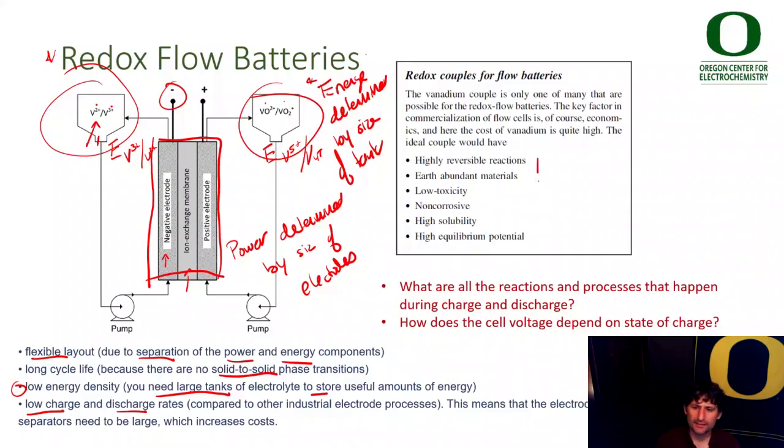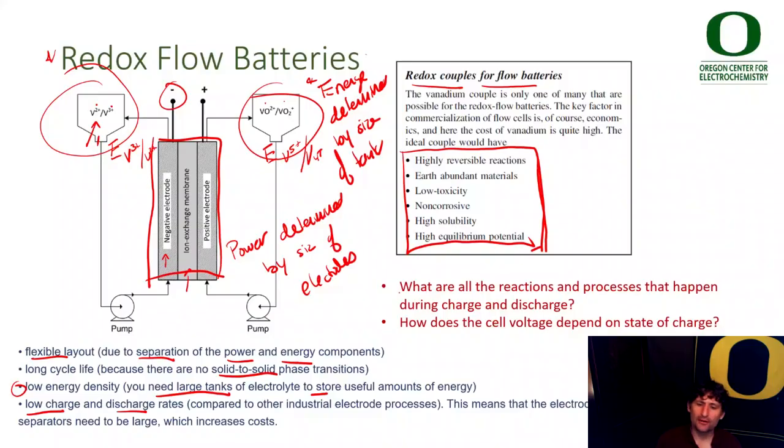This box highlights some of the key properties of redox couples that can be used in flow batteries. And there's a lot of R&D now going on to use alternative redox couples to the classic vanadium redox couples. For example, the all-iron flow battery of Energy Storage Systems up in the Portland area.